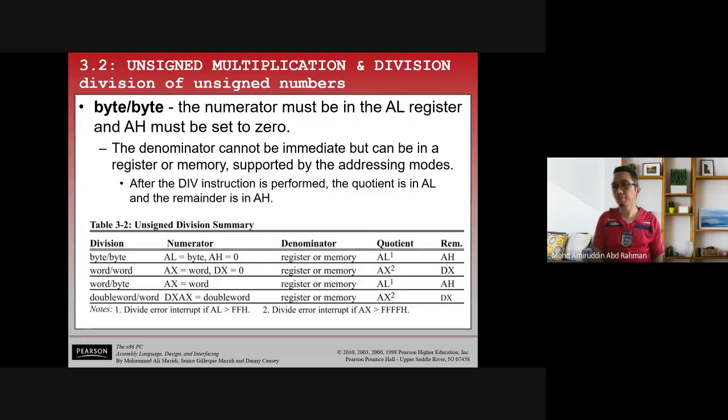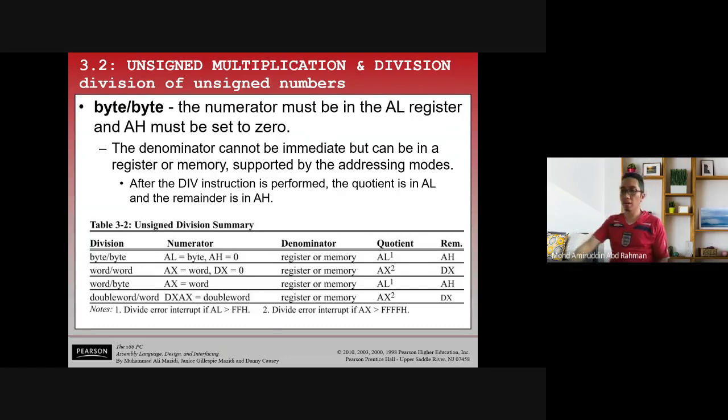After the division instruction is performed, the quotient is in AL and the remainder is in AH. Meaning the result will be in AL and the remainder, or the baki, will be in AH.